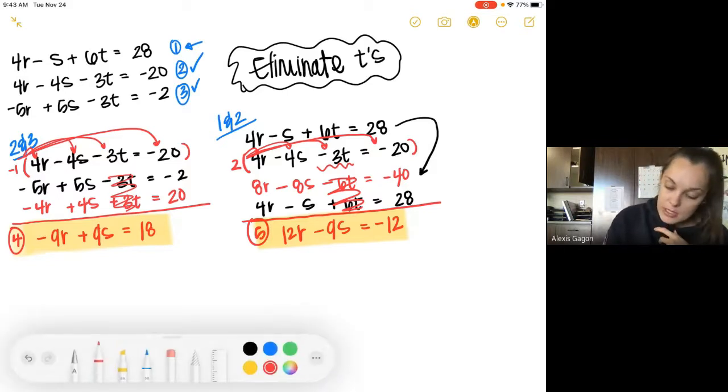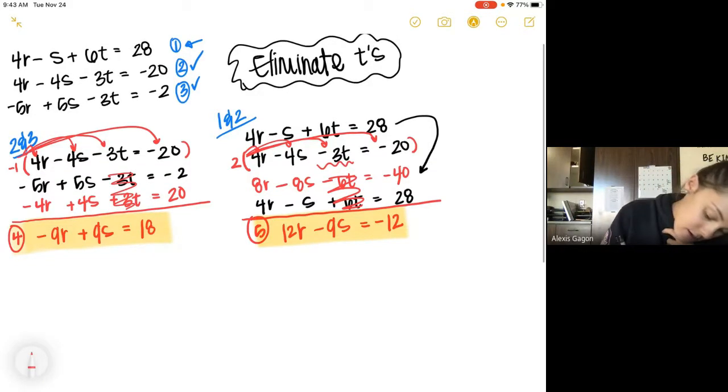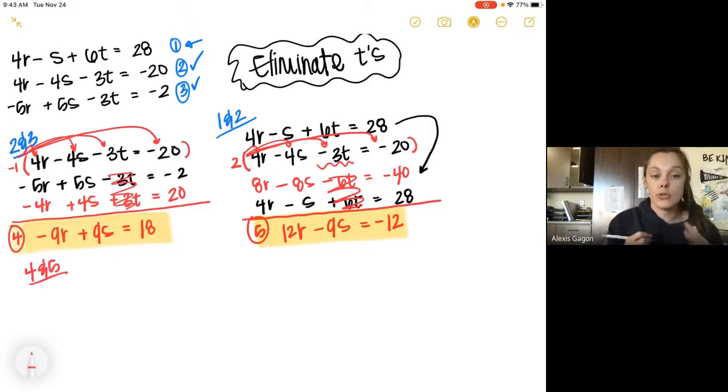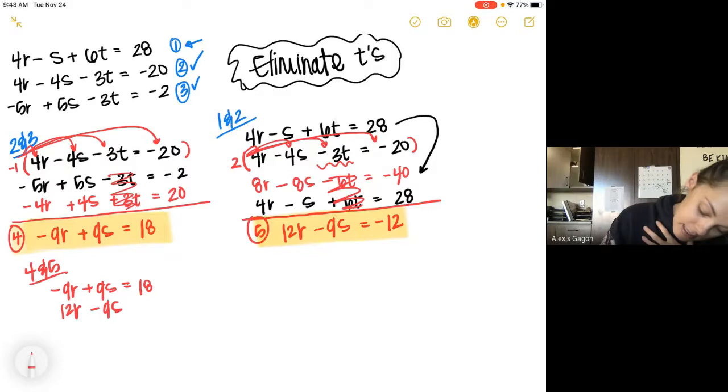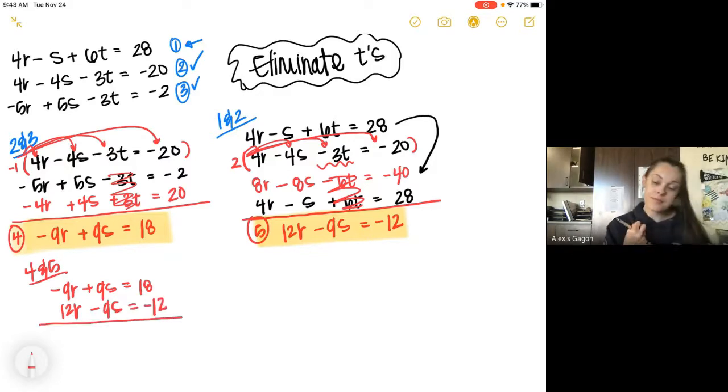So I am going to take equation 4, and I'm going to take equation 5. I'm going to put those 2 equations together. So we have negative 9r plus 9s equals 18, and 12r minus 9s equals negative 12.